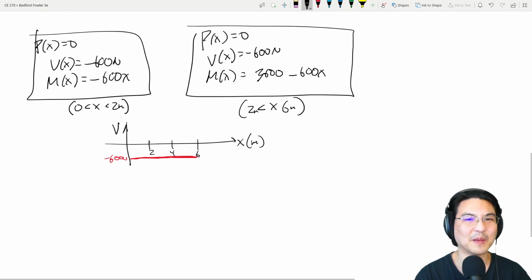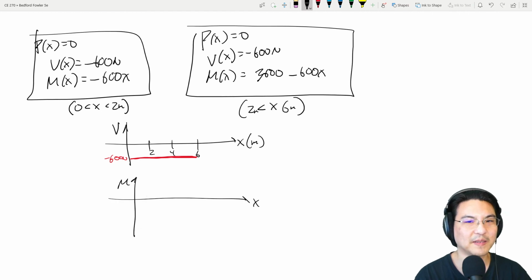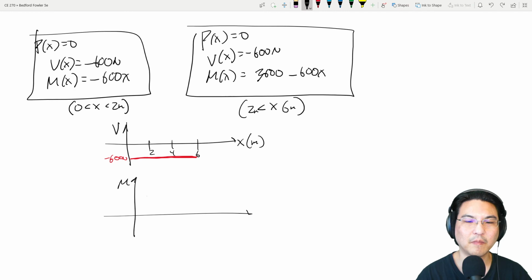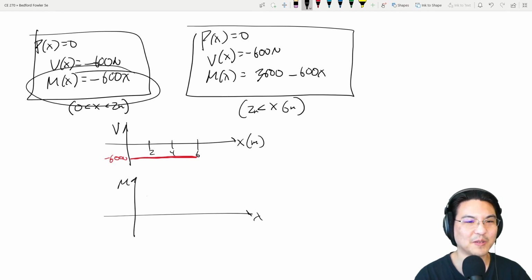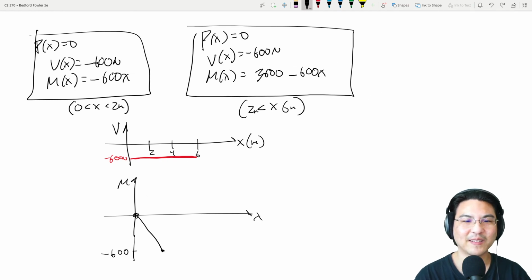Okay, what about the bending moment? It is negative 600 x between 0 and 2. At x equal to 0, it's 0, and then the slope is negative 600, like this. So that's got to be negative 1200 over here, right? And then over here, what happens? At x equal to 2, then we have 3600 minus 1200, so that's 2400.